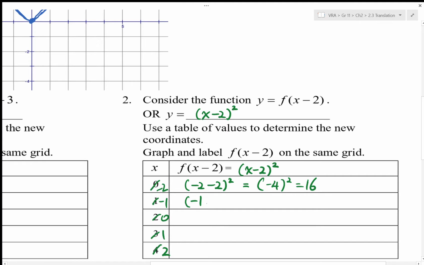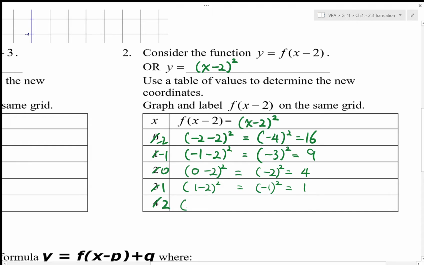It is -1 minus 2 squared, and that gives me -3 squared, so that is 9. And then the next one is 0 minus 2 squared, so that is 4. And then 1 minus 2 squared equals -1 squared, which is now 1. And then we have 2 minus 2 squared, which is 0 squared, which is now 0.